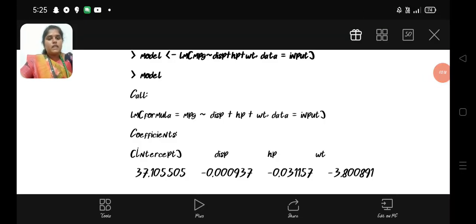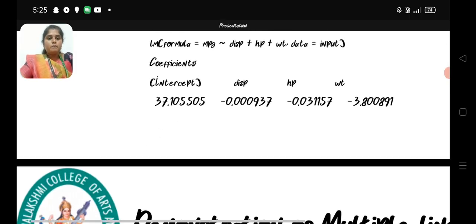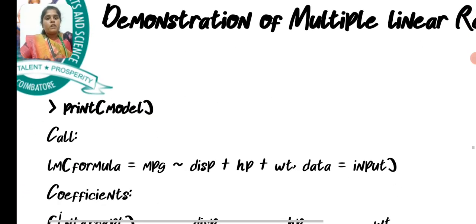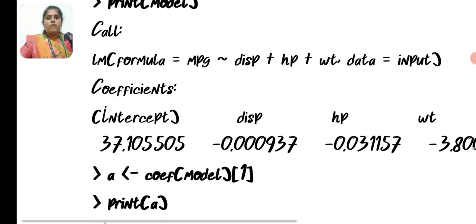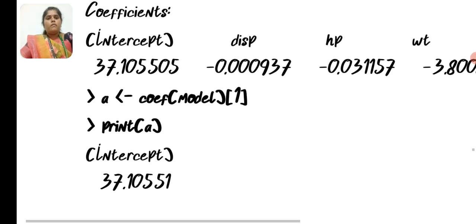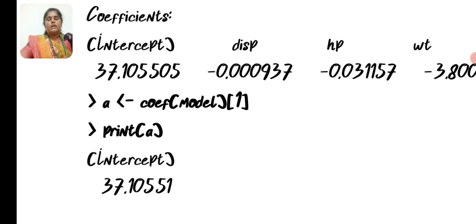The data is taken from the input, and from the model I am obtaining the coefficients: the intercept and the coefficients of disp, hp and wt. Next I am printing the values for these three, giving the coefficient values. The first coefficient is displayed as coef bracket model of 1.